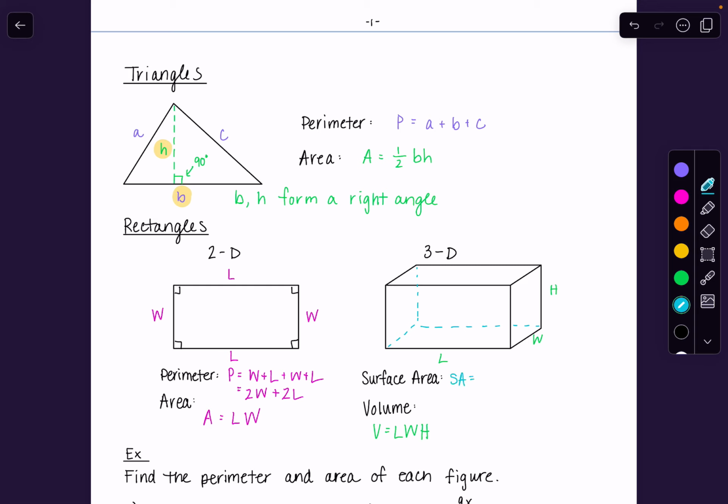Okay. And let's start with the top and bottom of our box. So the top and bottom are two rectangles, and each of them has area LW because they're rectangles. So we have two sides with area LW. So that's how much paint we would need to paint the top and bottom of our box.